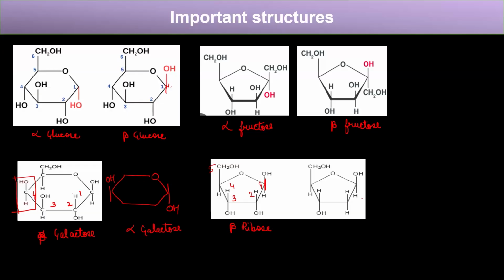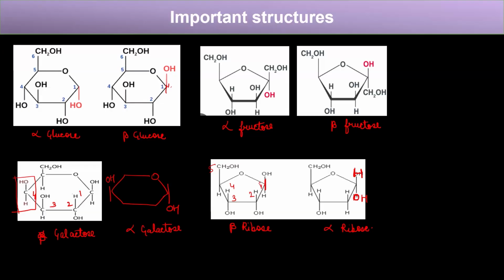While in the second case, it should be OH and H, and hence it will become alpha ribose. So these are all the important structures of the monosaccharides that you should remember, and how these structures are made.